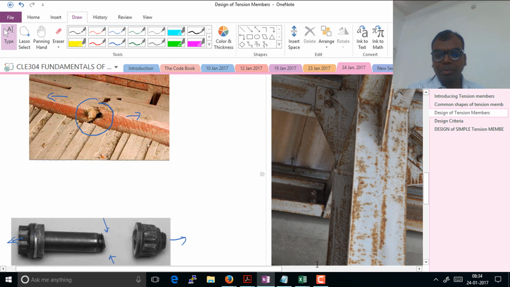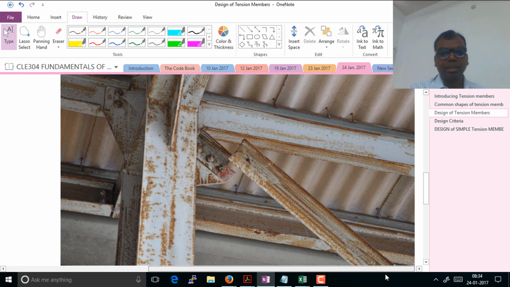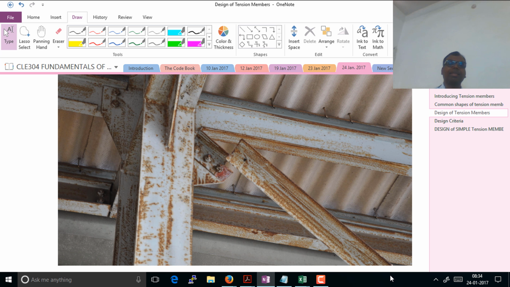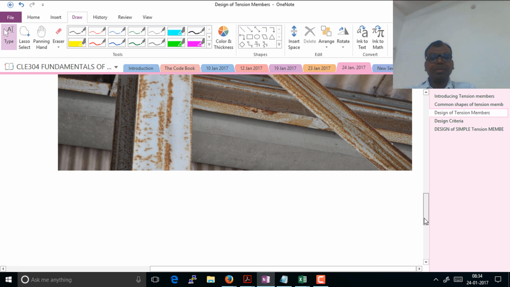Now, if you have a look at this member, this photograph was taken after an earthquake. In this region, the tension member has just got cut. So these are some of the common modes of failure which we have in tension members.